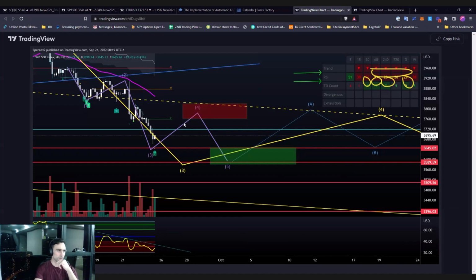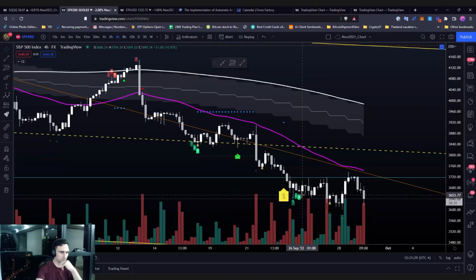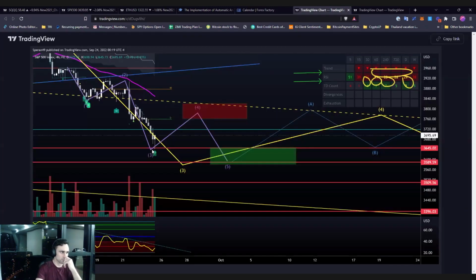So in the short term, I said that we would bounce up to this 3,740 to 3,800 area. I posted this on the 25th. And then finally, I said we would end up in this 3,645 to 3,600 area. I said that it would be difficult to figure out exactly where we would end up landing. If you see here, we tagged 3,645 on the 24th.